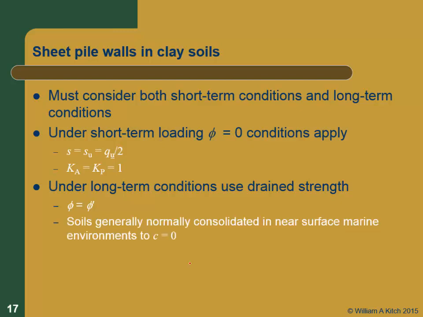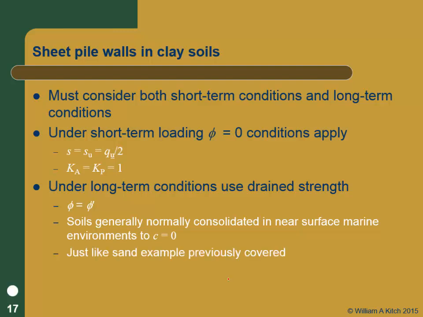Often we can ignore cohesion, because in these marine environments you've got normally consolidated soils. It's very common for them to be normally consolidated, in which case you can assume C is equal to 0.